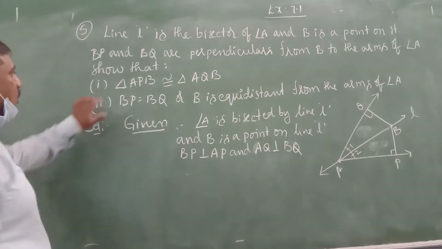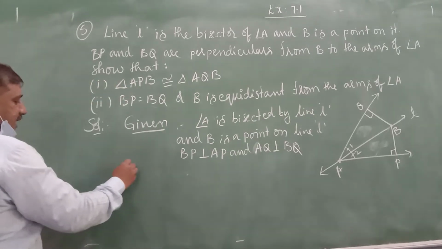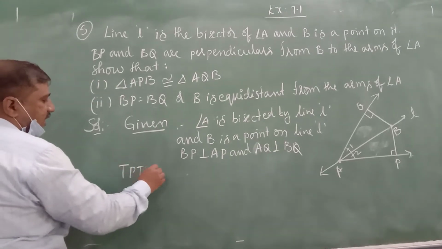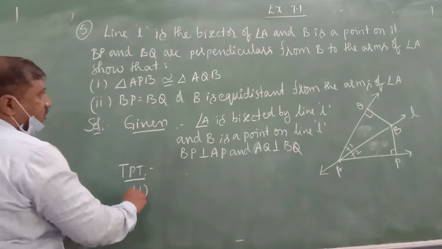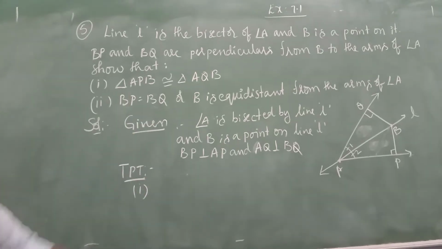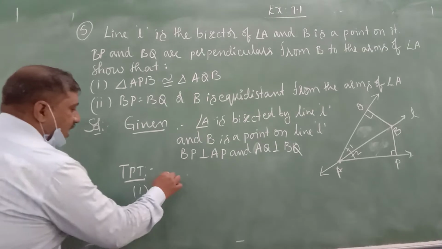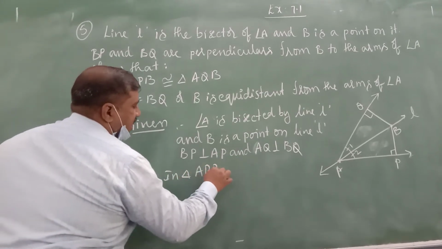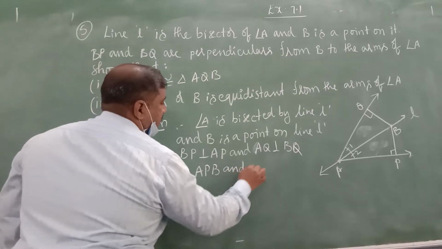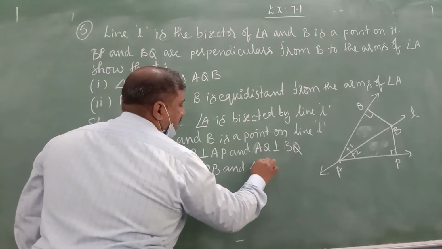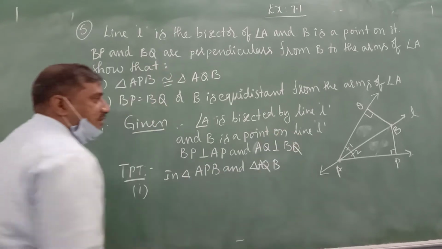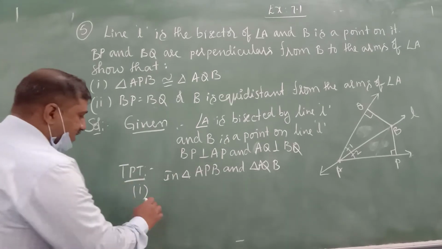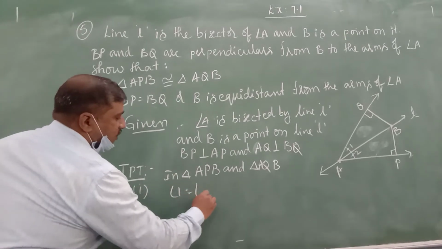So what do we have to prove? First one: consider the two triangles. Which two triangles? In triangle APB and triangle AQB, what is given? Angle 1 is equal to angle 2.